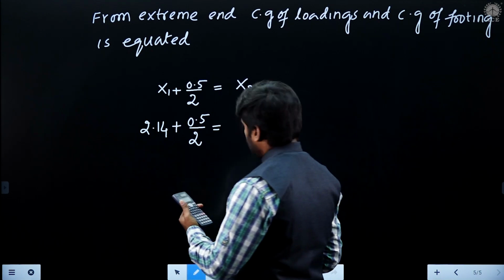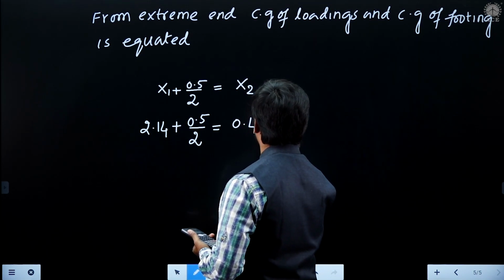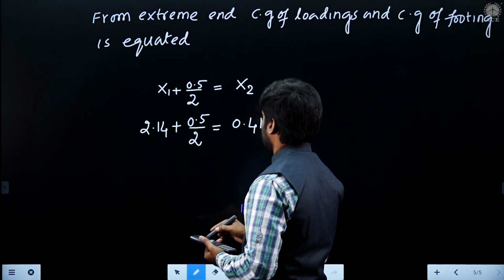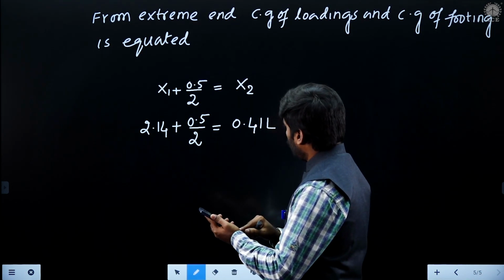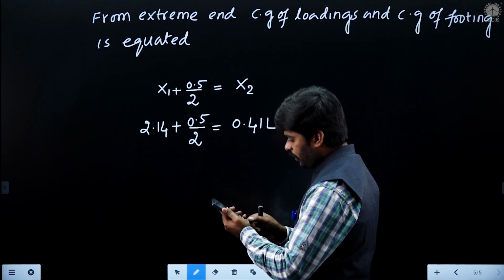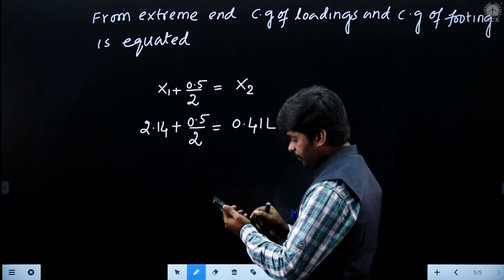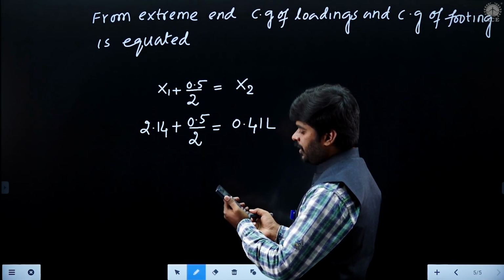It is 0.41 times L. I want L from this, that is 2.14 plus 0.5 by 2, that is 0.25, divided by 0.41. I am getting 5.829.